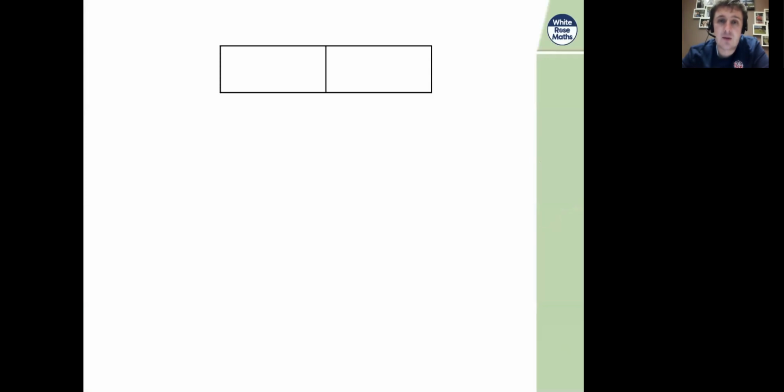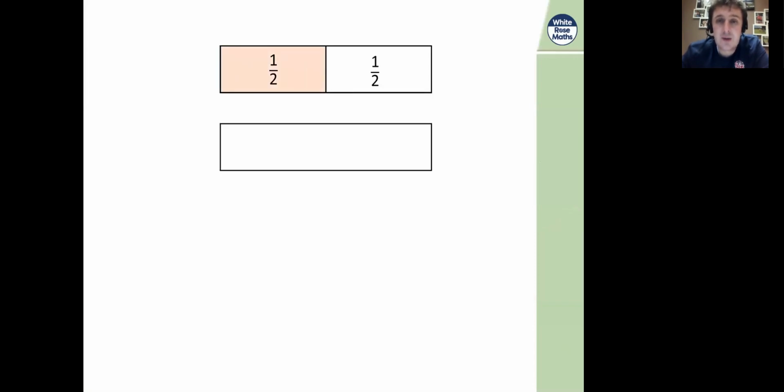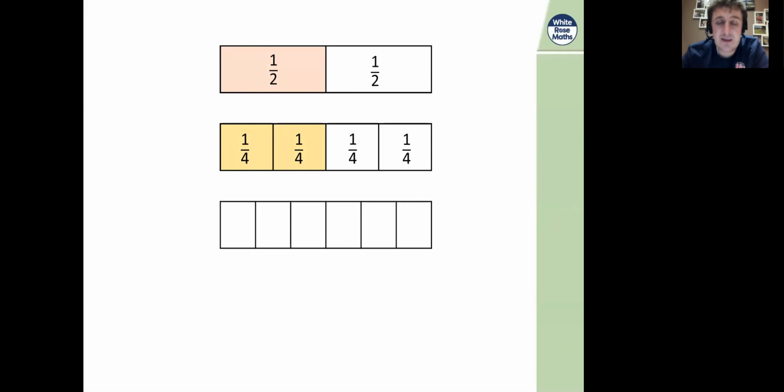Okay, so some bar models. I'm going to split them in half, so I'm showing halves. Going to use a bar model of the same size now and split that into quarters. How many quarters is going to be equivalent to my half? You can see that there is going to be 2 quarters. If I get the next one and split that into 1, 2, 3, 4, 5, 6 equal parts, sixths, you can see there that if I was finding what was equivalent to a half, I'd have 3/6.